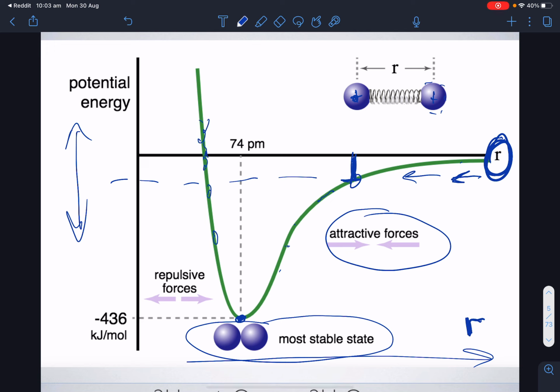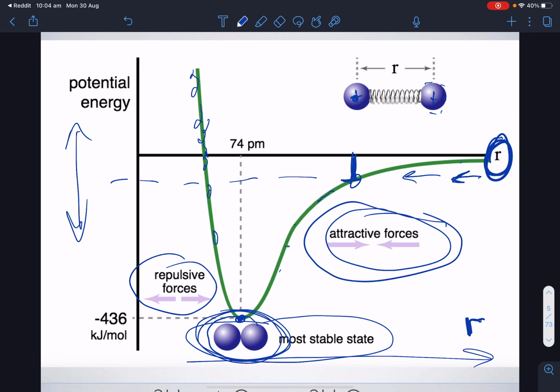In fact, you reach a point where you've got to put energy in to push them together. Here they're getting too close, so the like charges are too close together, and they're repelling each other. The repulsion of like charges is overcoming the attraction of opposite charges. So it's a bit of a balancing act, and atoms form bonds because they want to reach this sweet spot in between, the balance between the attractive forces and the repulsive forces, and it's this sweet spot here.